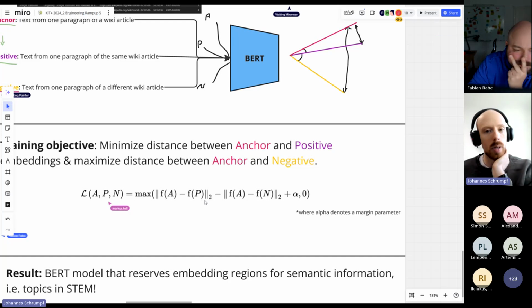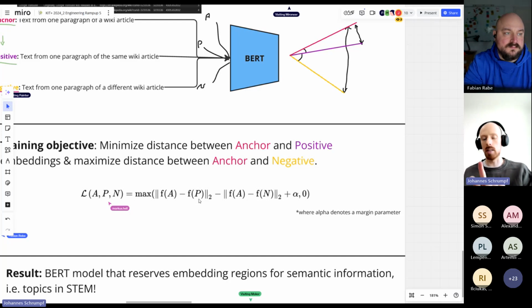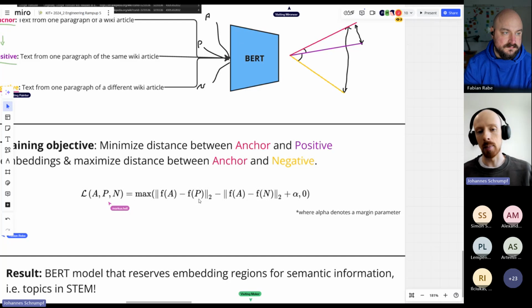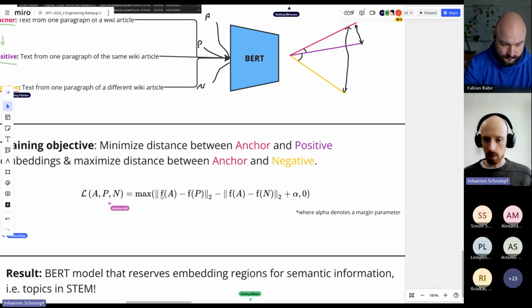If you would use this network within the context of a RAG system, you would need to watch out here, because if you use cosine similarity in your vector database to calculate the relatedness of two vectors to one another, then you would need to use cosine distance here and not Euclidean distance, because there are two different ways of calculating the distance between vectors.